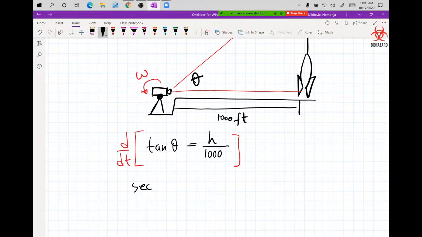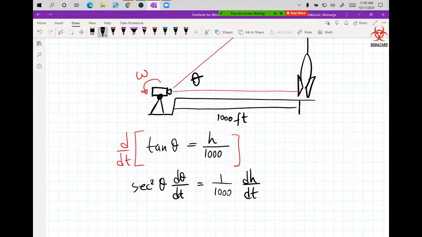Secant squared x. Very good. And then we have to follow with d theta dt, because we took the derivative of theta with respect to time. So d theta dt is equal to, and over here you have 1 over 1000, and you have dh dt because the derivative of h is 1, and then again the chain rule.